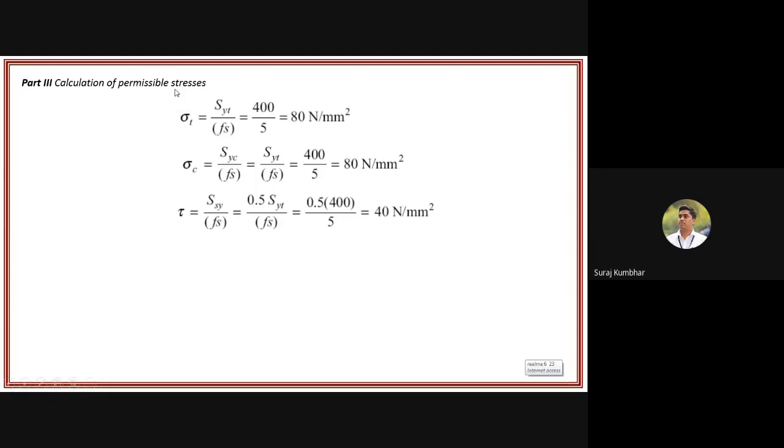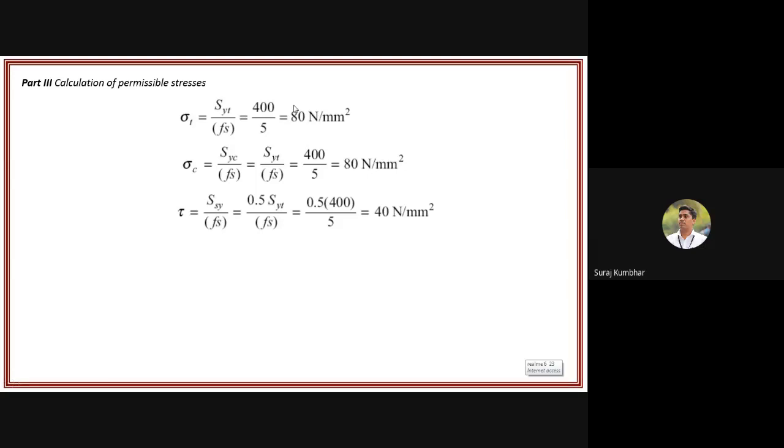Here, as we considered plain carbon steel, we are getting 80. If in the calculation it is not less than 80, then you need to change the material. If it is less than the permissible value, then your design is safe and you can go with the plain carbon steel material.